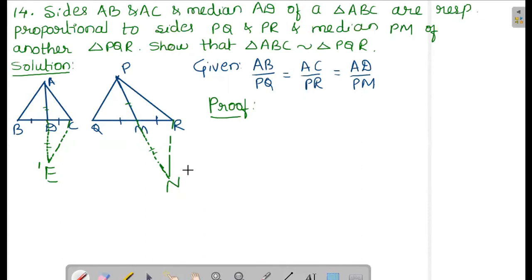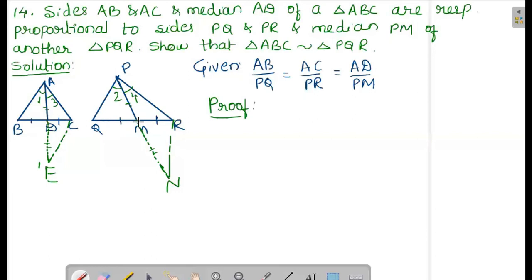This is the construction. Then this angle will be 1. I'll take this as 2. This one angle 3. And this is angle 4. Now we'll take the proof part. Here AD by PM is given. Okay, and AB by PQ, right? One more, AC by PR.